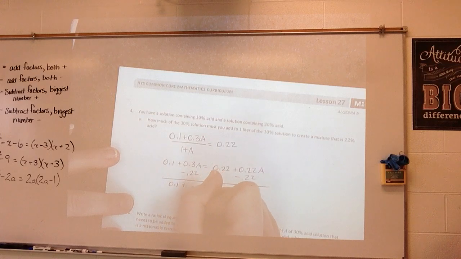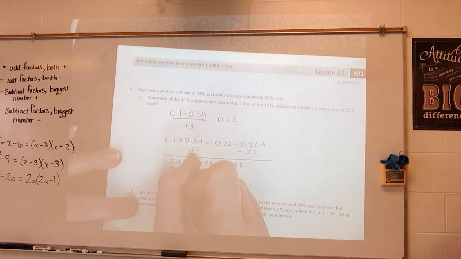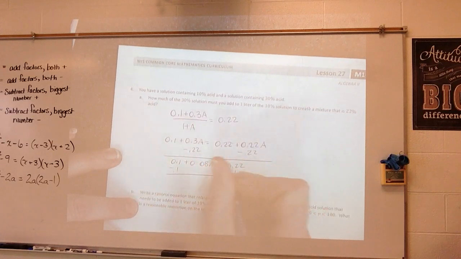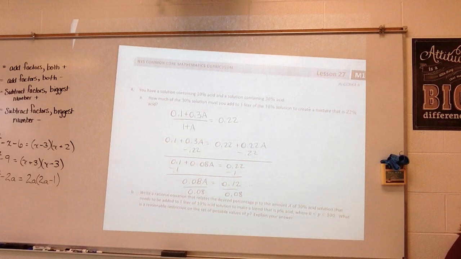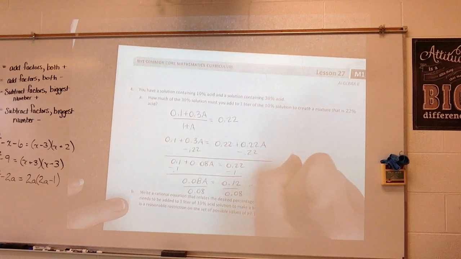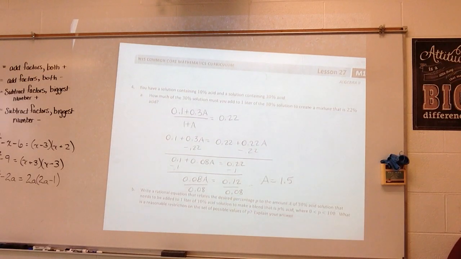Subtract my 1/10. Divide by 8/100. Alright. And I see that A is equal to 1.5. So if we add 1.5 liters of 30% to 1 liter of 10%, the result is 2.5 liters of 22% acid solution.